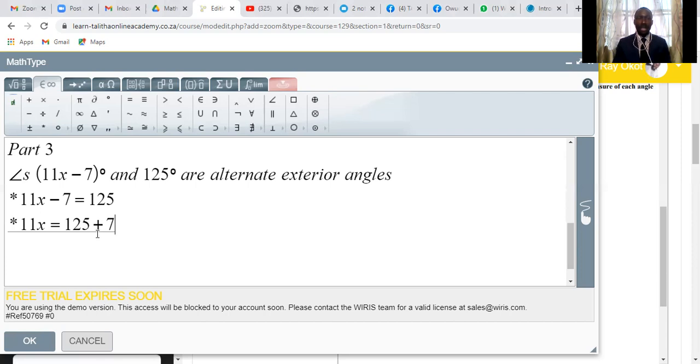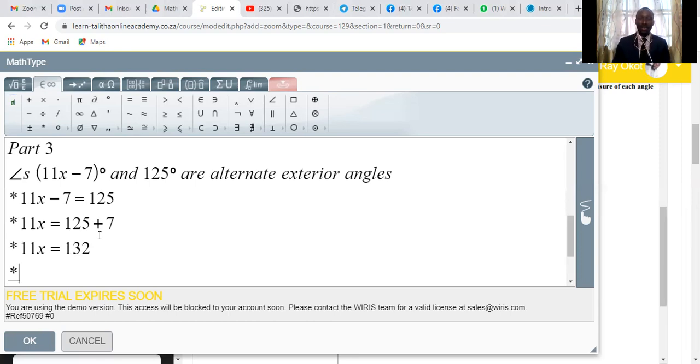That means after transferring it to the right-hand side, 7 will become a plus. Now in the next step, we will then be having 11x on the left-hand side. Then when we add 7 onto 125, what we get is 132. We are so close to concluding.